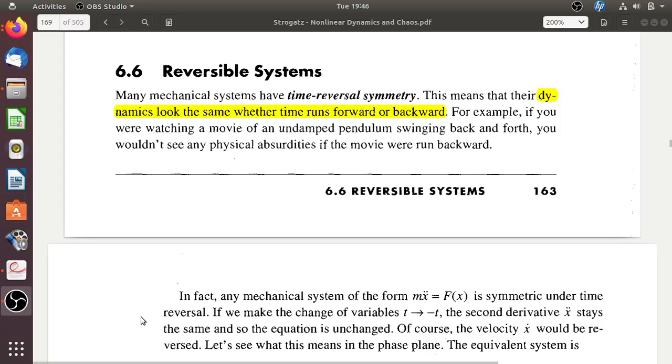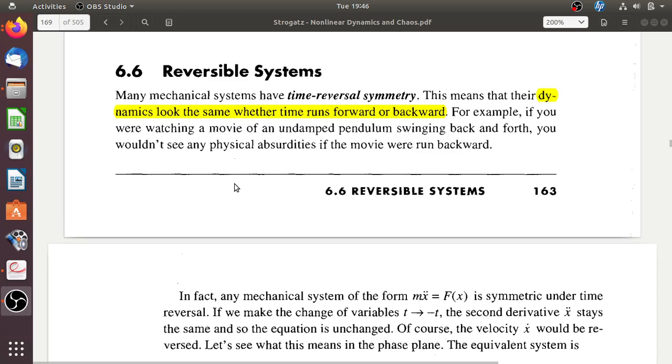Okay, so in this video we are going to discuss another type of system classification, which is known as reversible systems. In a reversible system, there exists something called time reversal symmetry. So what is this time reversal symmetry?